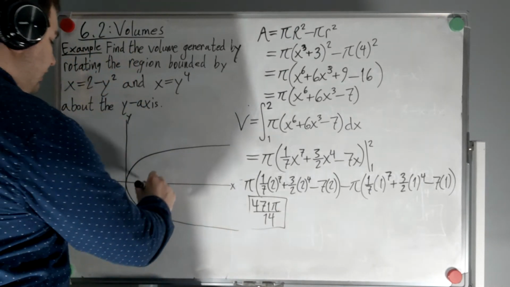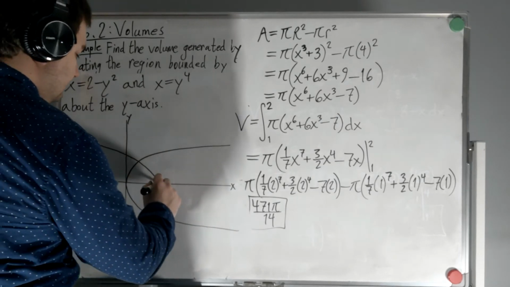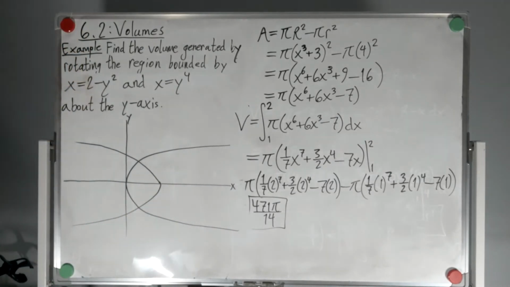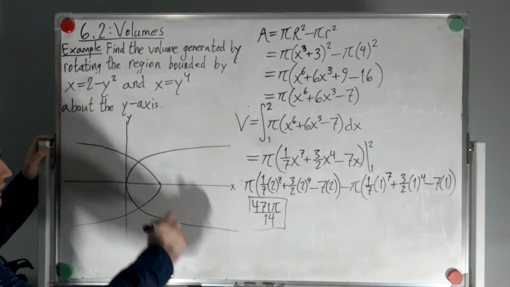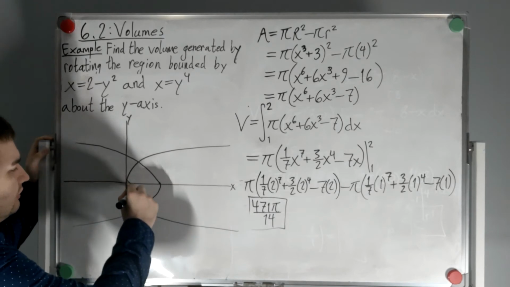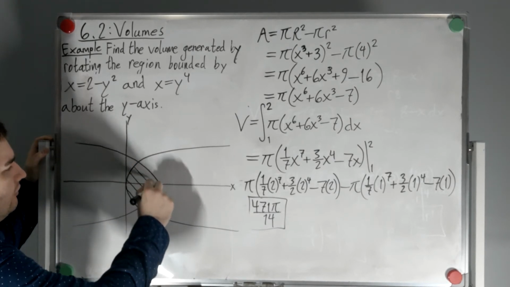X equals 2 minus y squared looks kind of like this. We are asked to revolve this region around the y-axis and find the volume. Okay? Just to be clear, the region we're talking about is like this.